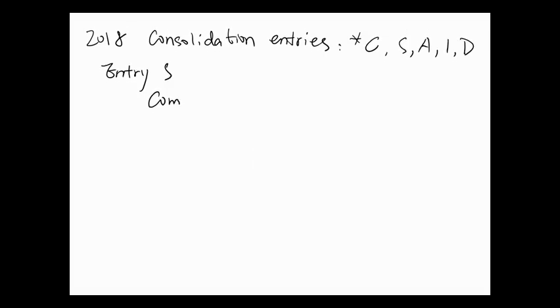Entry S is to eliminate the subsidiary's equity account balances at the end of 2018, and we're going to still have the same 3 accounts to take care of. The first one is common stock. Its balance is 250,000. The second account is additional paid-in capital.